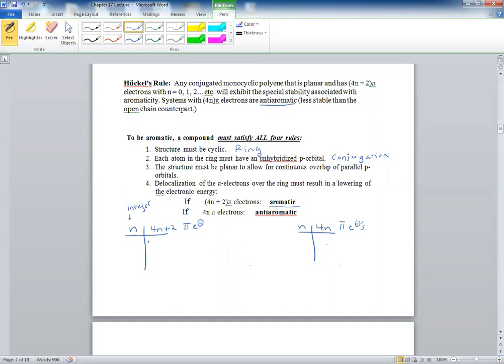If you have n equals 1 and you plug in for n, then you will get 6 pi electrons. If n is equal to 2, then 4 times 2 is 8, plus 2 is 10. So here, I'll do the first one for you: 4 times 1 is 4, plus 2, that's 6 pi electrons, which is what you see in benzene.